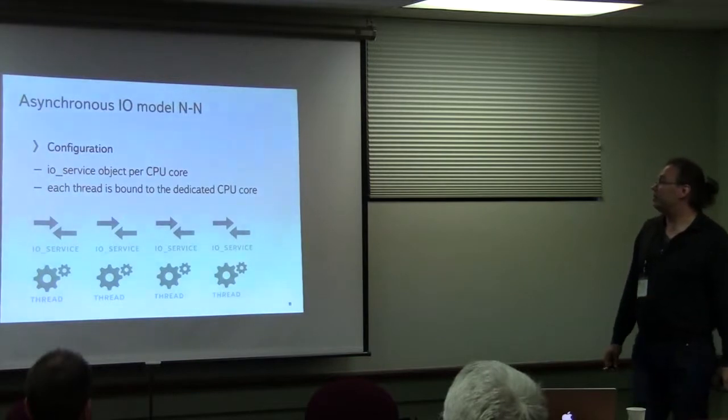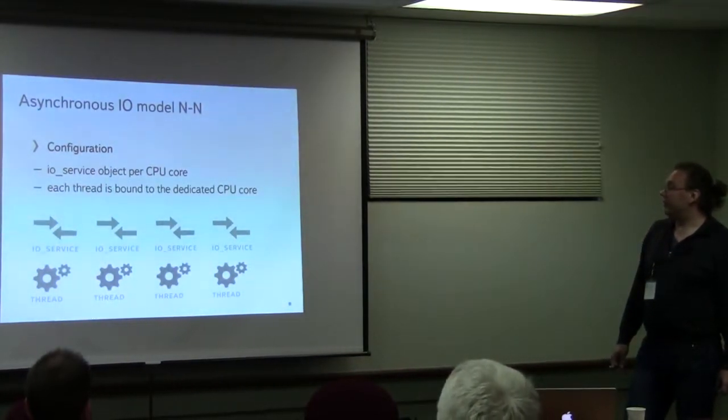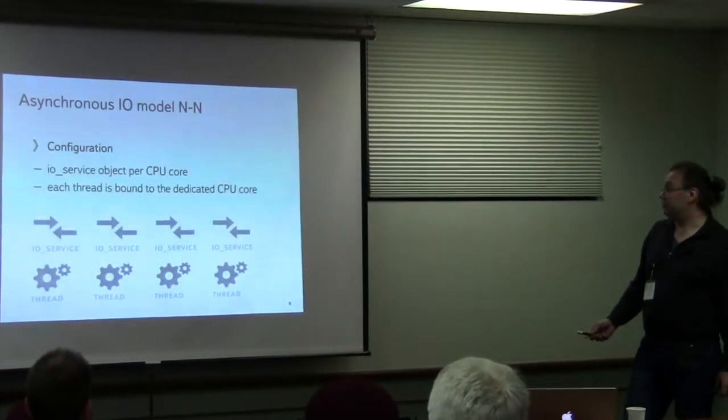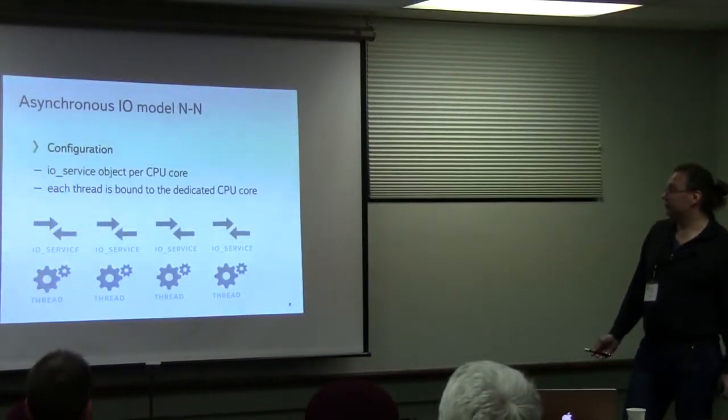This configuration is called N2N. Here we have one IO service object per CPU core, and one thread per CPU core, and each thread is bound to the dedicated CPU core.